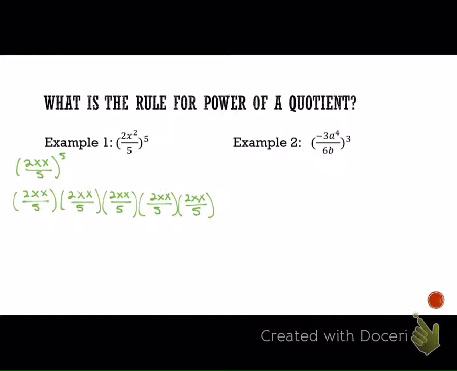Remember, when you're doing fractions, you multiply numerators together, which is the top, and you multiply denominators together, which is the bottom. Okay? So just remember that.